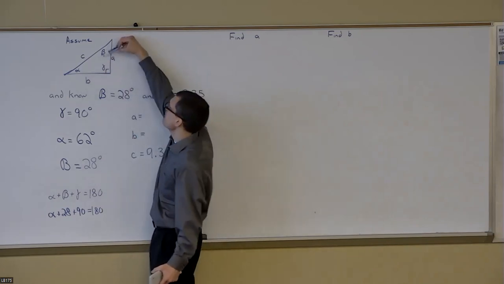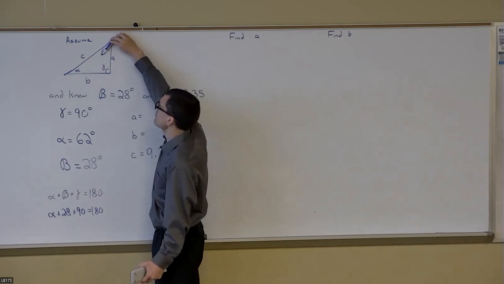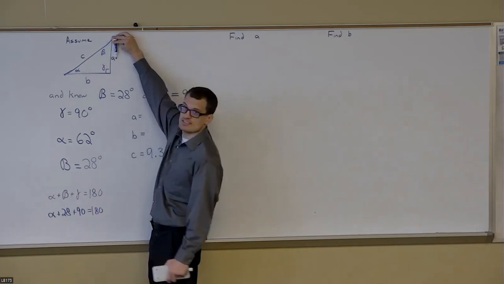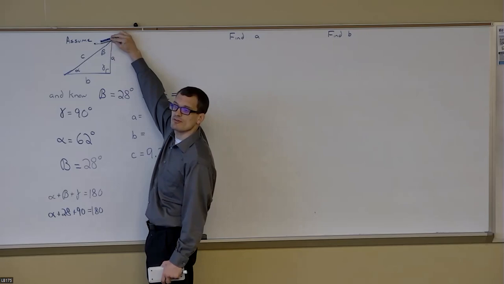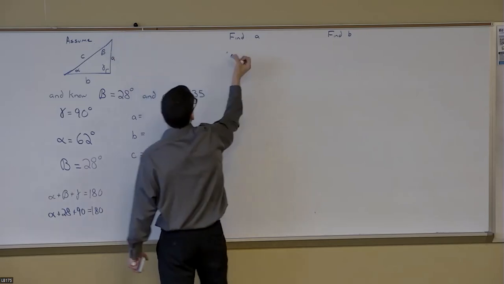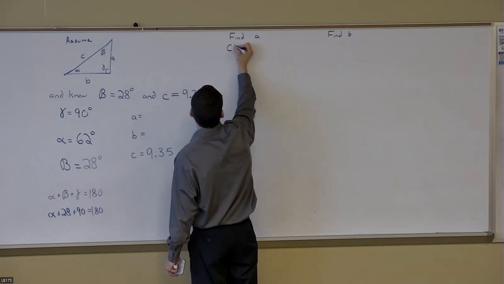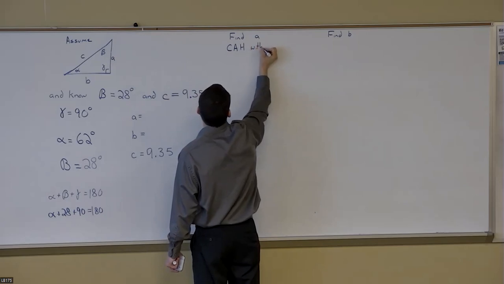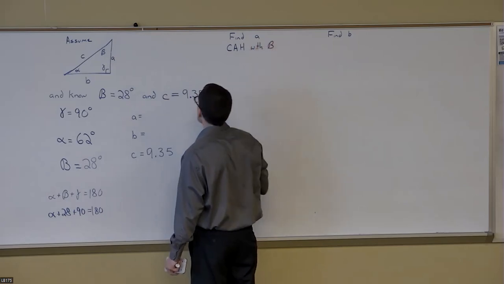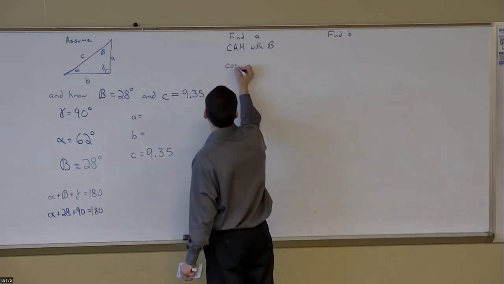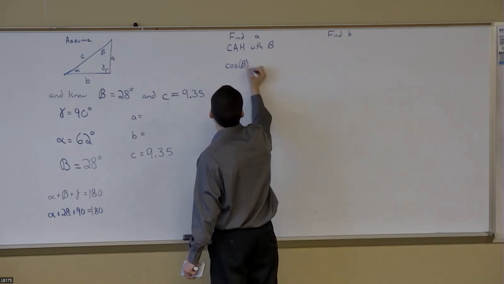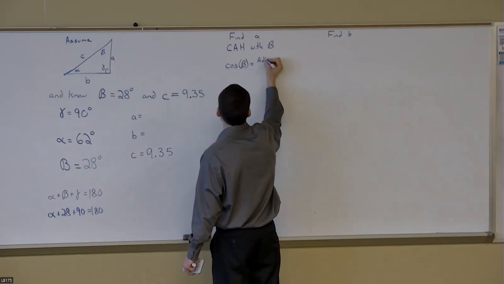And I'm going to notice that compared to angle beta, A is adjacent, right? And I know the hypotenuse. So I'm going to use cosine is equal to adjacent over hypotenuse with angle beta. So cosine of beta is adjacent over hypotenuse.